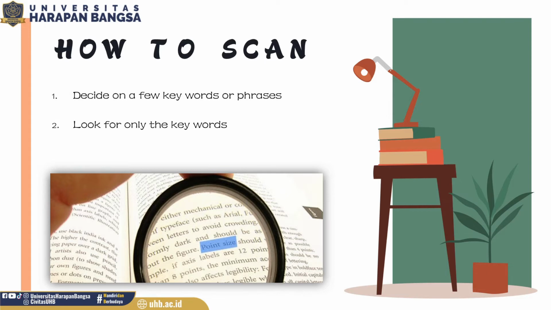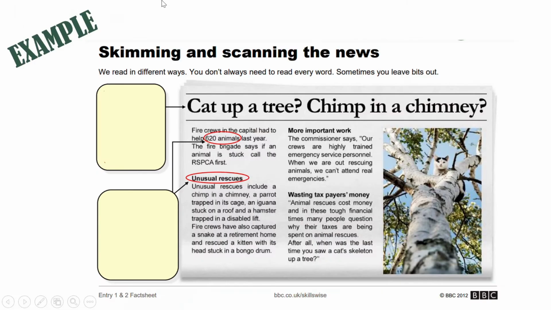So let your eyes or finger move quickly to find the keywords. And stop and read more closely if needed. So when you find the keywords, you can read the sentences that contain the keywords.